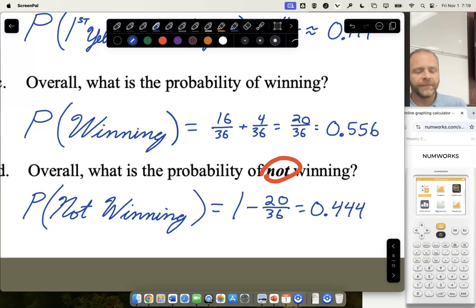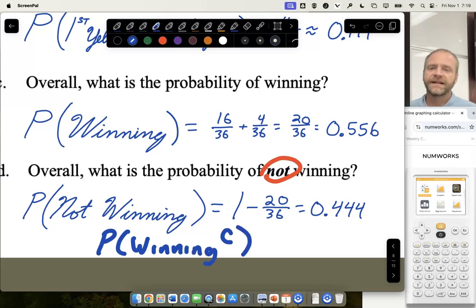I can call that the probability of winning with a superscript capital C. That's the complement of it. To do the complement, you do 1 minus the probability of it happening. So I did 1 minus the probability of winning, which gives 16 out of 36, which is 0.444.